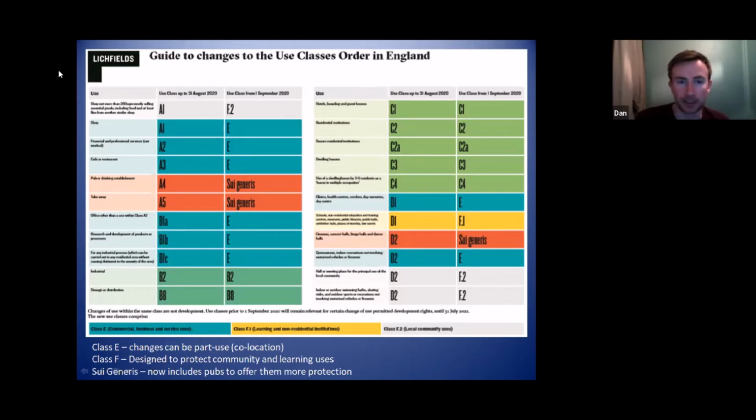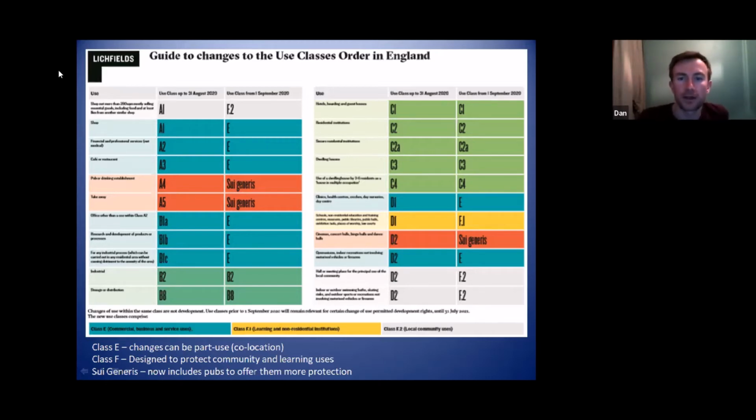What the government have done here is they've taken pubs and put them into sui generis, which actually provides them with more protection. So before these came in on the 1st of September this year, you could change between a pub and a restaurant, for example, without applying for planning permission. Now your pubs are protected, and you always require planning permission to change the use of a pub into whatever use you wanted to.